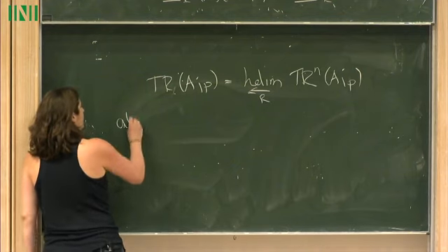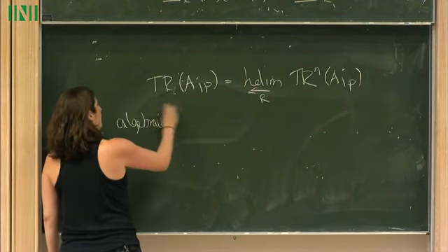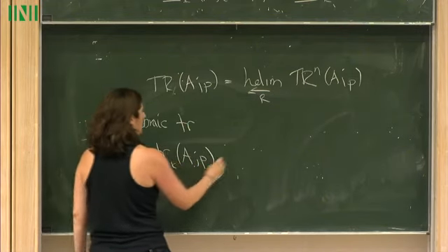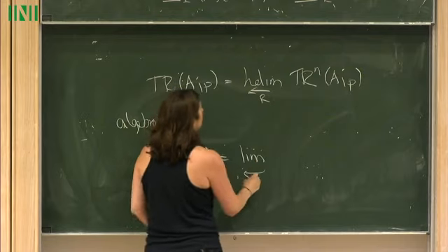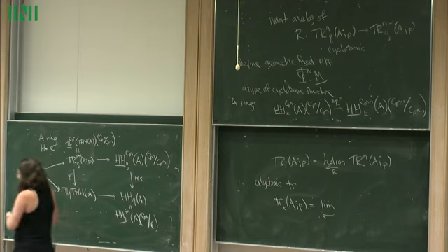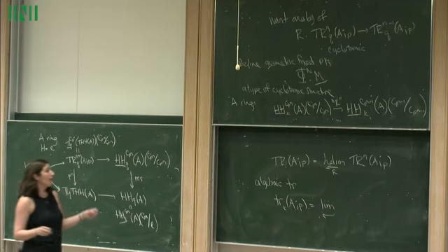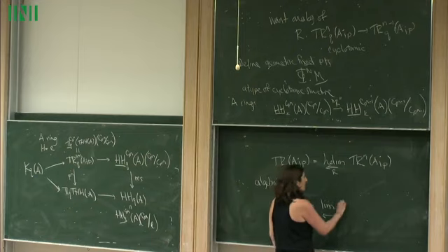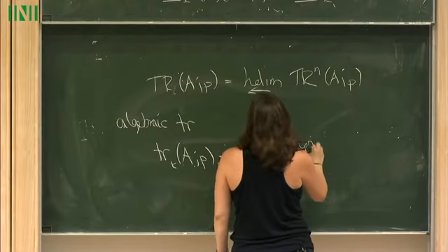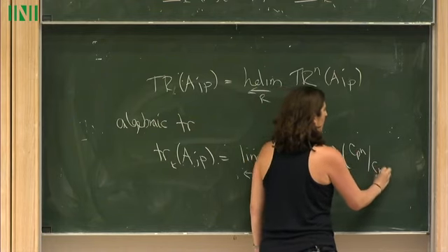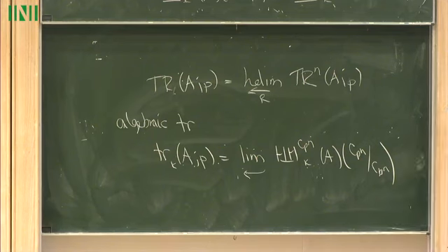We could define an algebraic TR, which will be the limit over these quote-unquote R maps, which I hesitate to call the restriction because they're not the restriction maps in the Mackey functor, but whatever you want to call that map. We take the limit over that map of these twisted Hochschild homology things. And you could call that some algebraic approximation to TR.